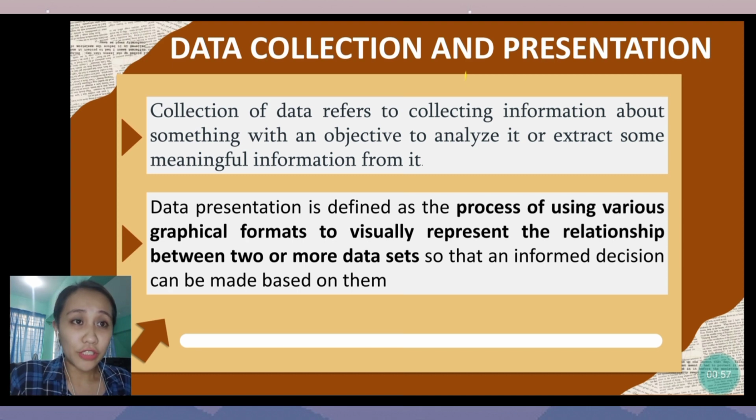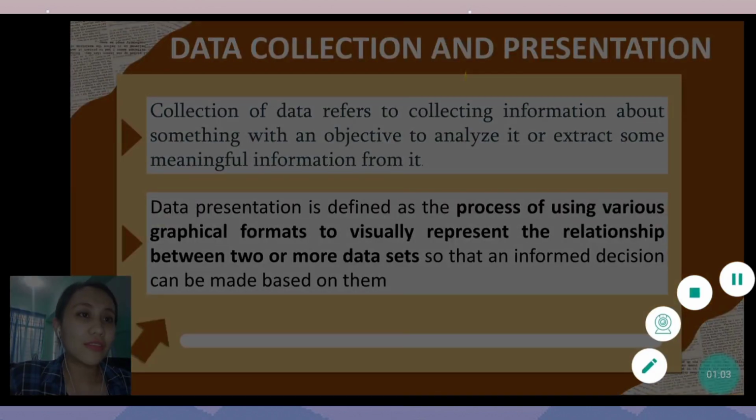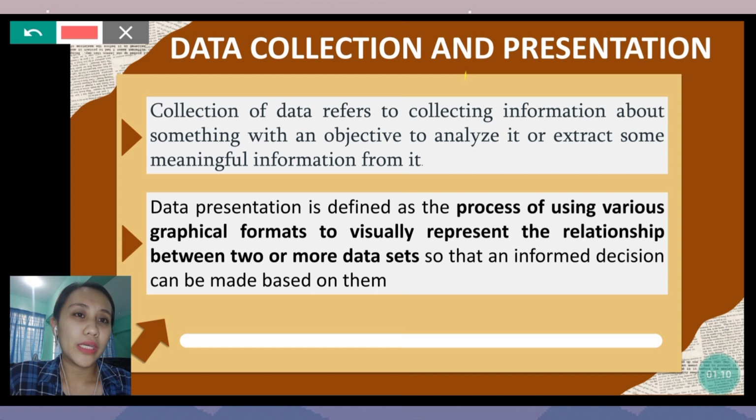That refers to collecting information about something with an objective to analyze it or extract some meaningful information from it. So take note of the following terms: analyze or extract some meaningful information from it.